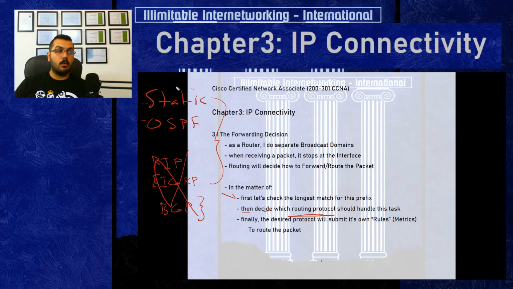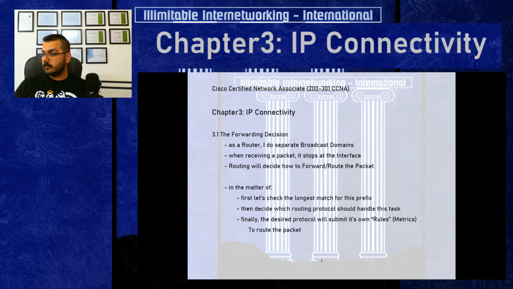Cisco wants you to know only these 2. One is a static protocol and the other is considered a dynamic protocol, and we will talk about both in detail in the upcoming slides and videos. So the first one is the longest match, and the second is which routing protocol should handle this task.